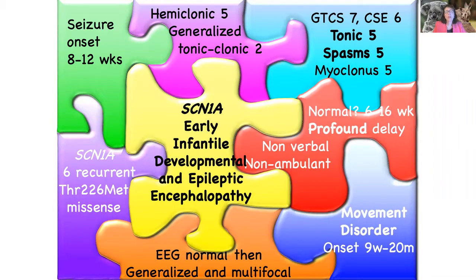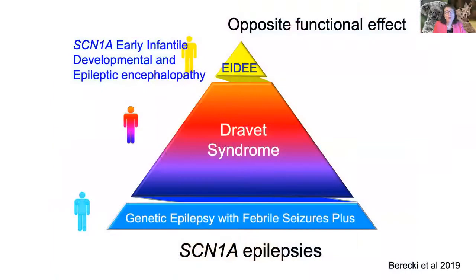So this is just where there is a change in the amino acid causing a change from one amino acid to another rather than truncating the protein, which is what I talked about before. And ironically, we tend to think of missense mutations as milder, but here you see a missense mutation, which is much more severe.